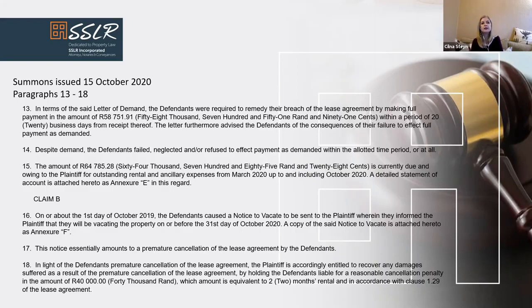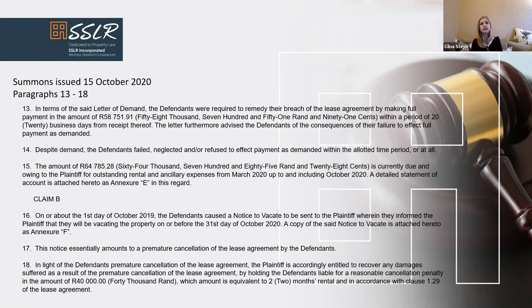We haven't cancelled, but we have a higher arrear amount, and this amount is made up from different invoices than what the amount of 58,000 Rand was made up of in terms of the letter of the 10th of August. There was no further demand for the 64,000 Rand on arrear rental, but you are able to issue summons on that.